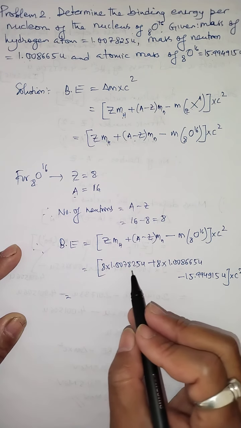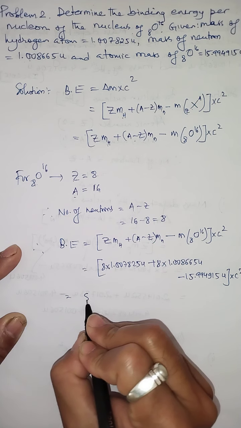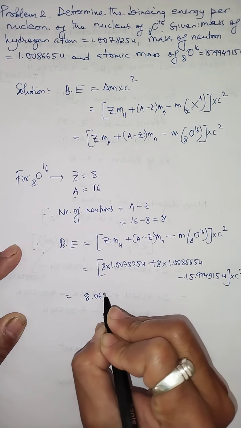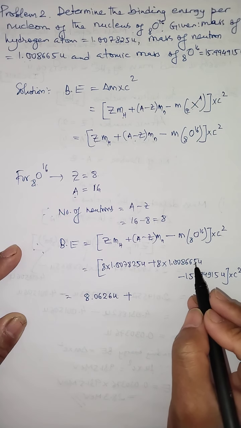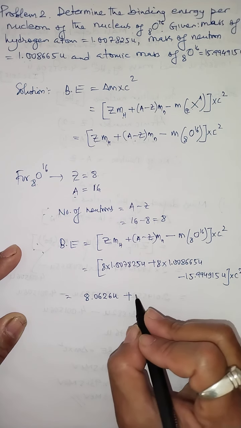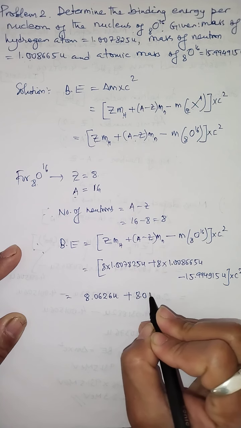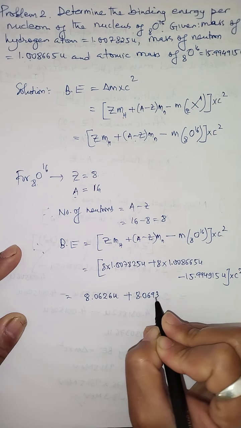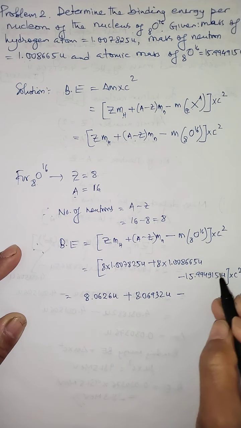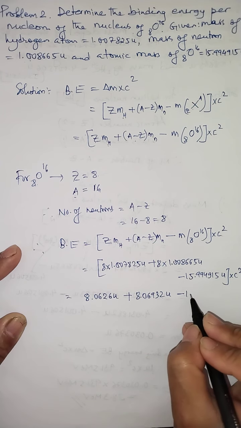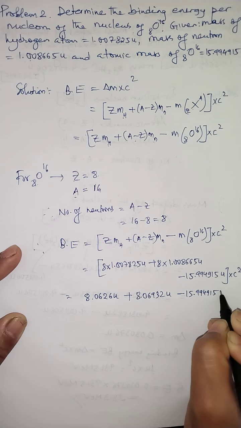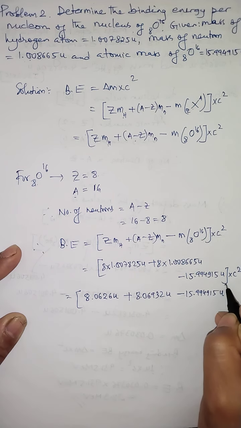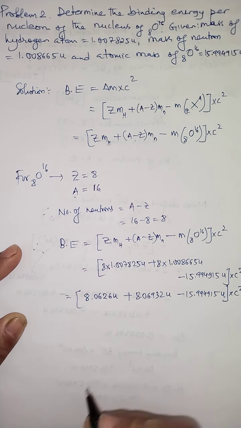Now these two, if I multiply, you get approximately 8.0624 U. Plus, if I multiply these two with the help of a calculator, we get 8.06932 U. Minus 15.994915 U, with the C square.